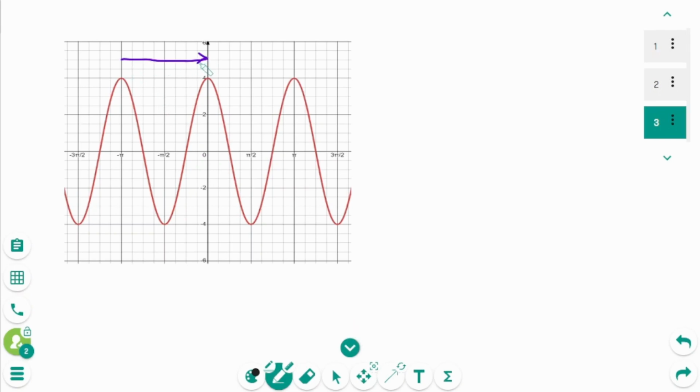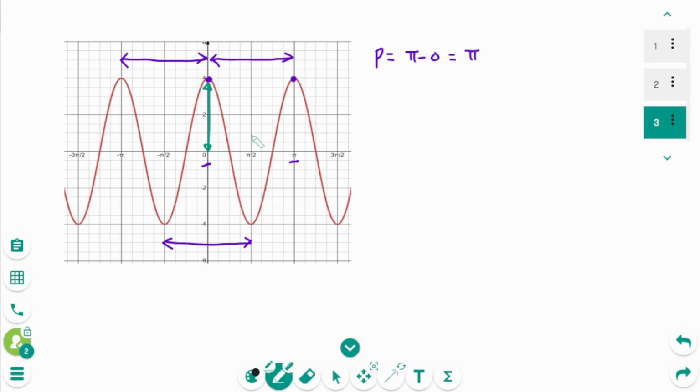This is the period, the maximum to maximum, or the minimum to minimum. In this graph, these 2 points are the best. So period is pi minus 0, which is pi.